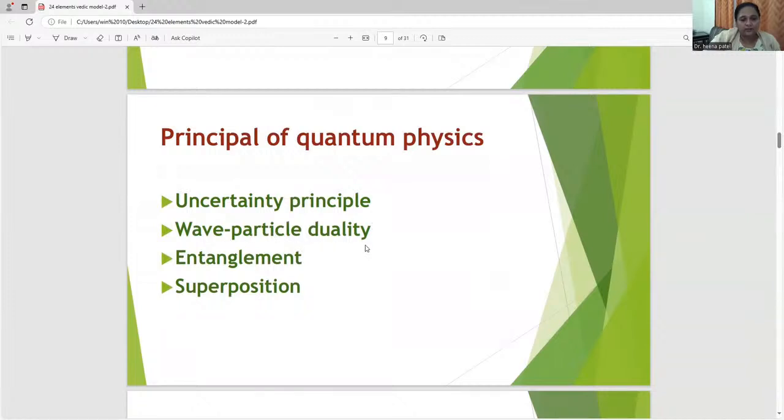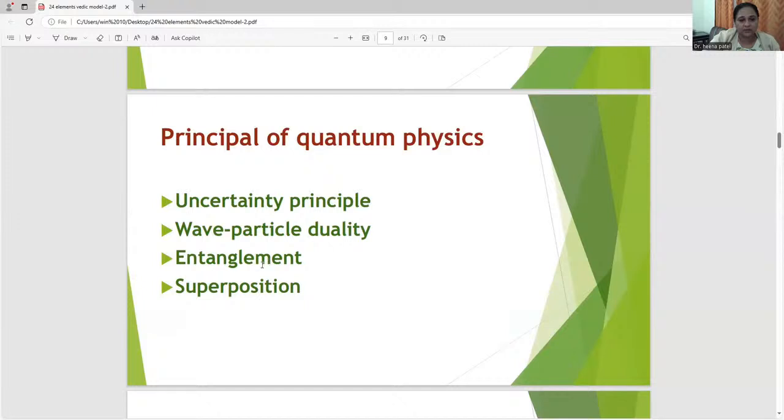Wave-particle duality is that every particle is moving in a wave fashion. Entanglement is that they have done work showing that if two particles are set apart as far as possible, but you change one particle, the other particle will also be affected.